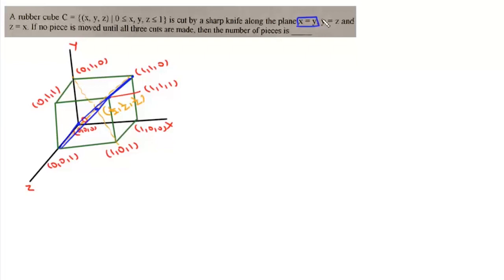Now we have made the second cut along the plane y equals z. Now along y equals z, we have this point, 0, 0, and this point, so it will be this and this, and we have made a cut along this plane.